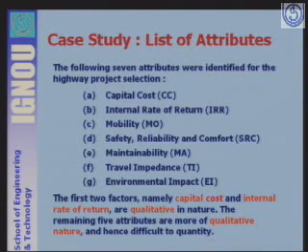You cannot quantify these. You cannot put in any unit that maintainability of a particular alternative is 10 units or 5 units. No, you can't do that. It's an intangible.